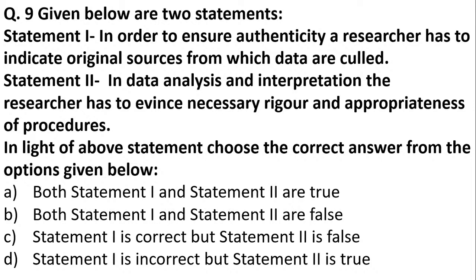Given below are two statements. Statement 1 says, in order to ensure authenticity, a researcher has to indicate original sources from which data are culled. Statement 2 says, in data analysis and interpretation, the researcher has to evince necessary rigor and appropriateness of procedure.